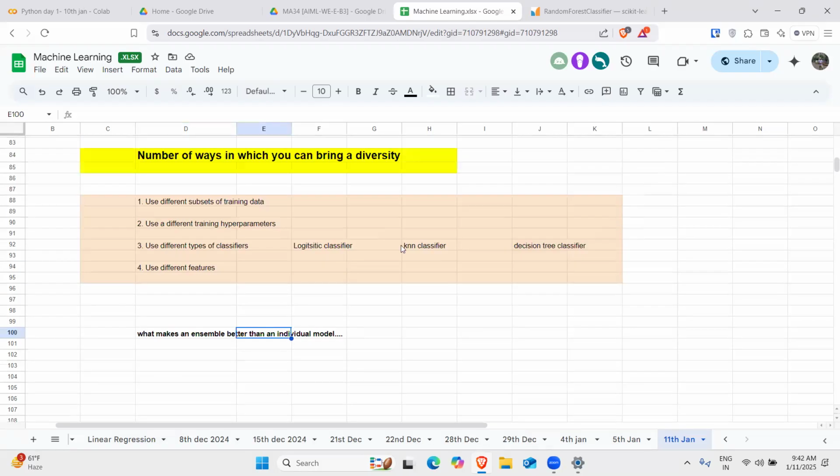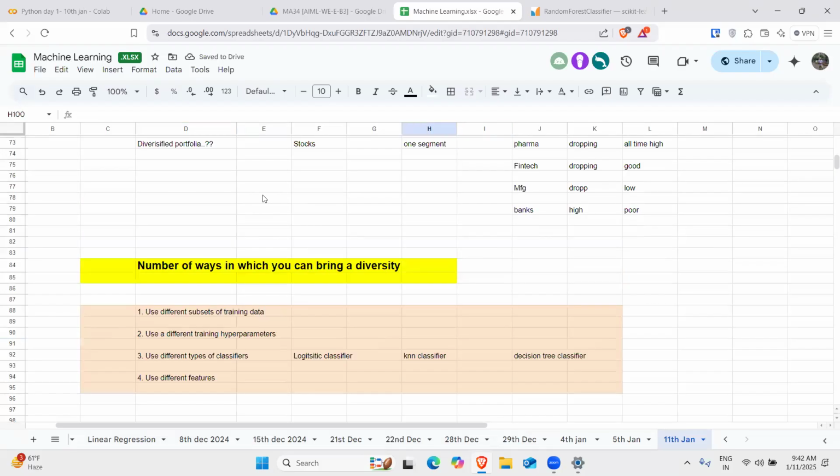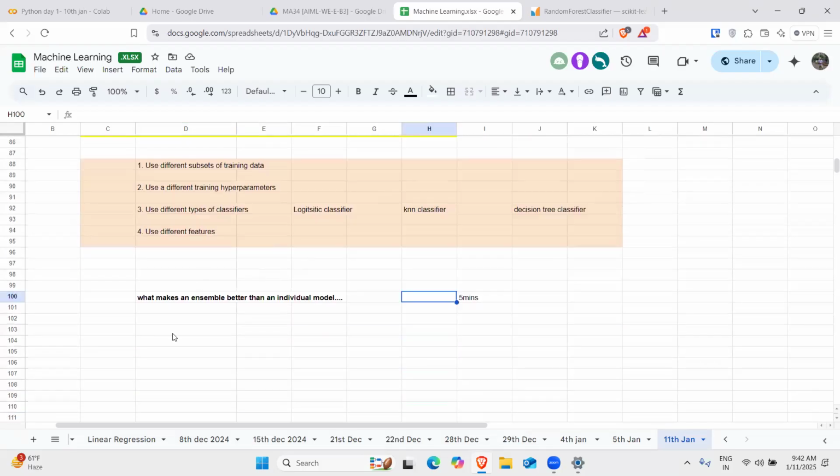Perfect. So I'll give you 5 minutes, just 5 minutes, not more than that. You go through whatever we have discussed till now, and then we'll be dealing with one scenario where we'll see actually how your ensemble improves the overall performance of the model, right?